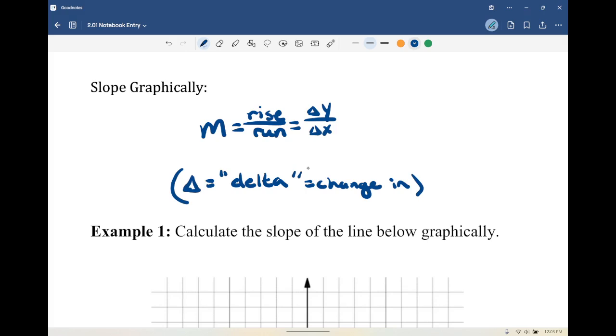Slope is always y over x. Slope is always what, Jaden?